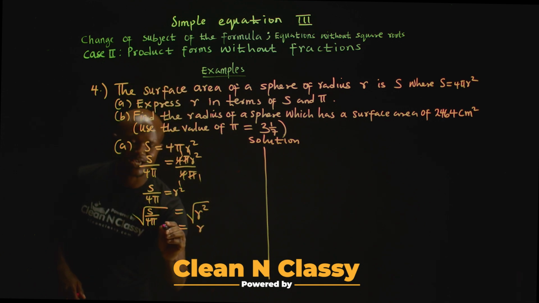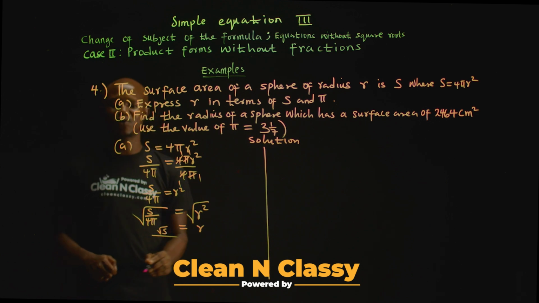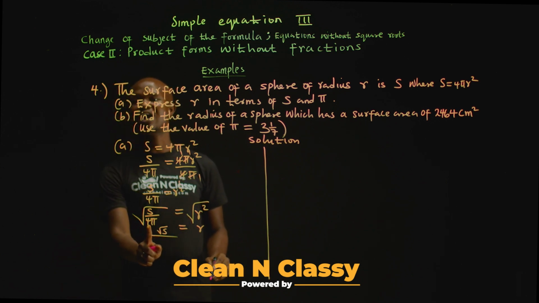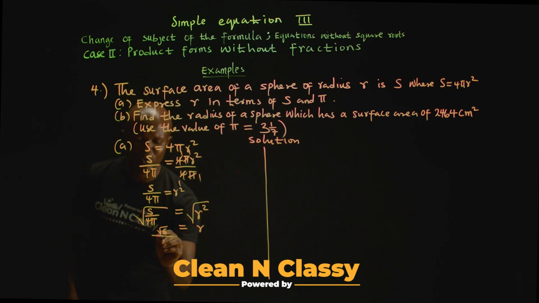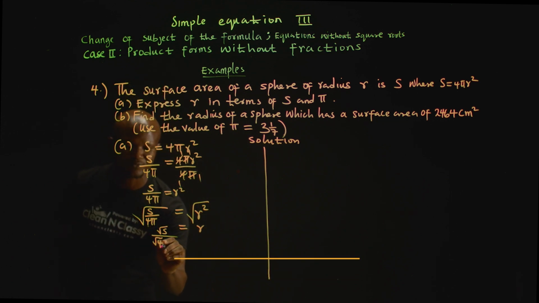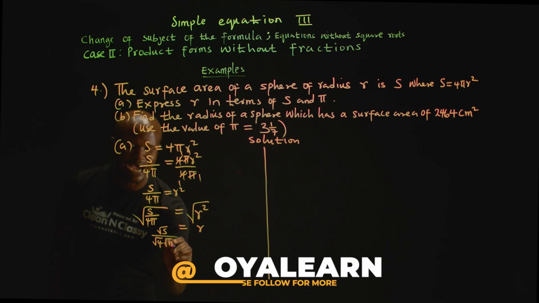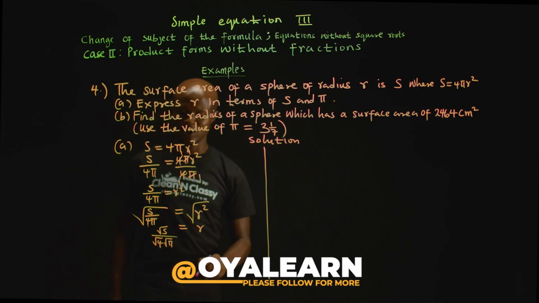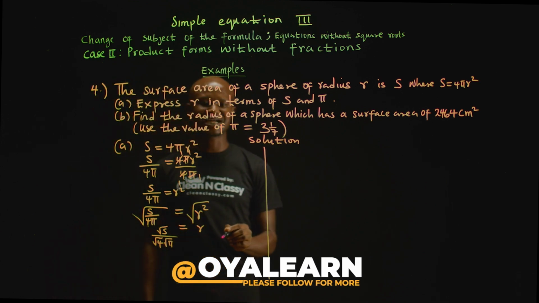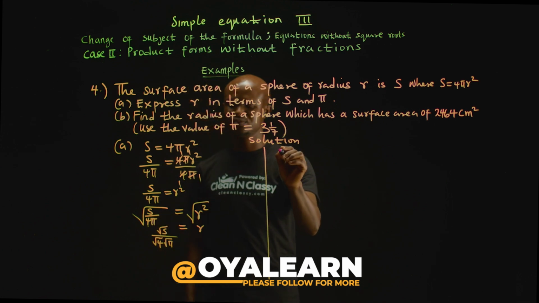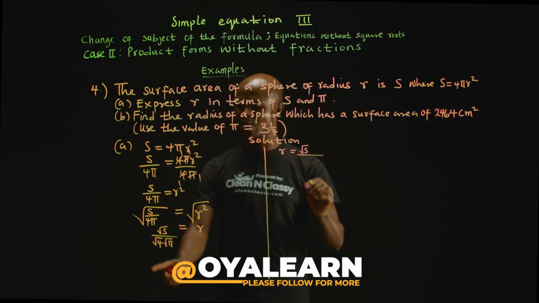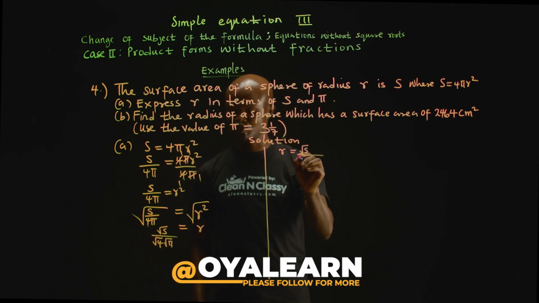And what do we have here? Equal to the square root of S divided by 4 pi. Look at this, 4 is a perfect square, so we can split it: square root of 4, then square root of pi. It means that r equals the square root of S divided by, what is the square root of 4? That is 2.